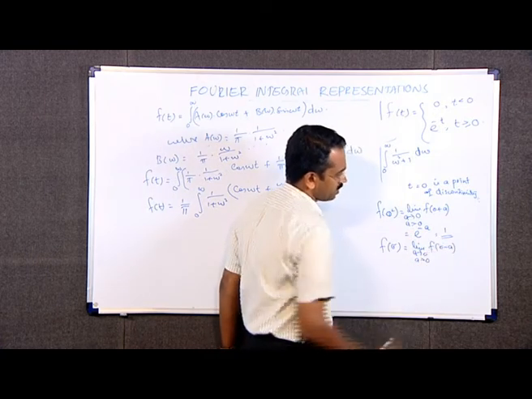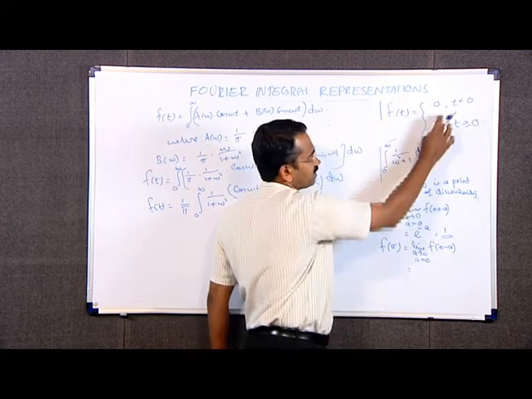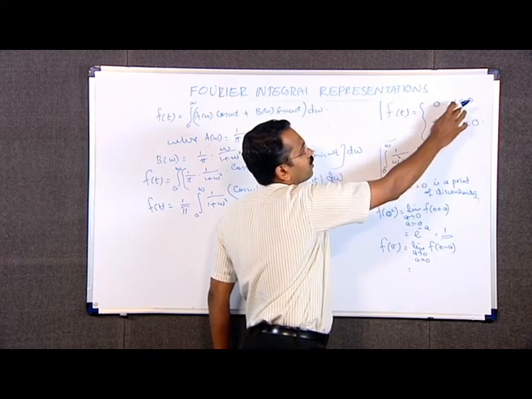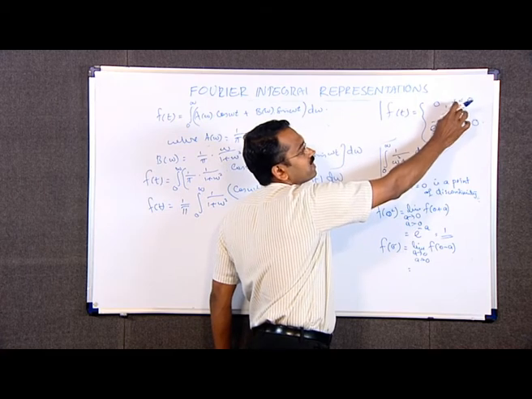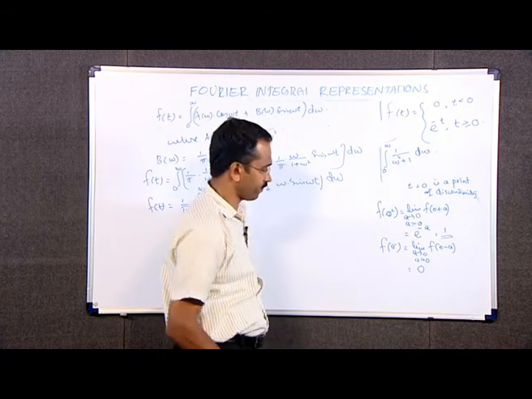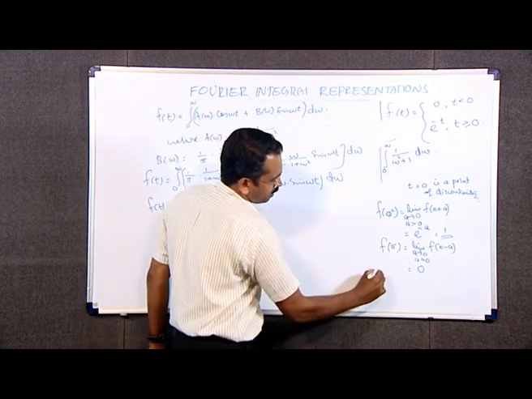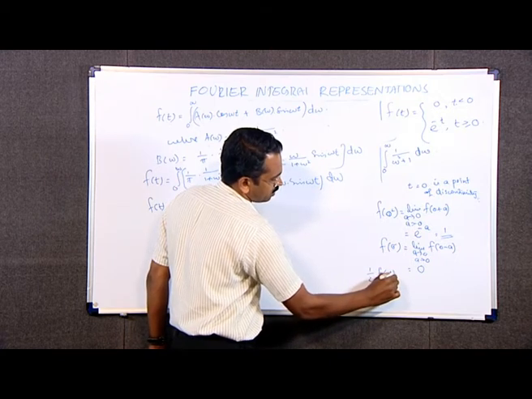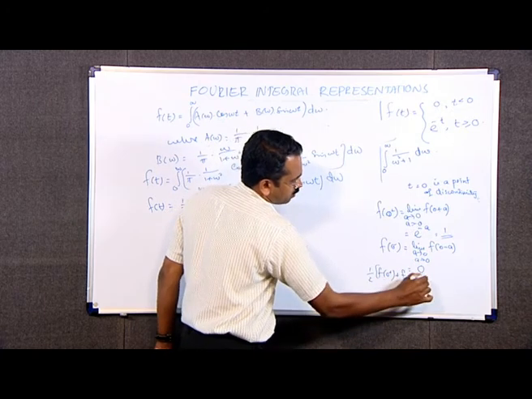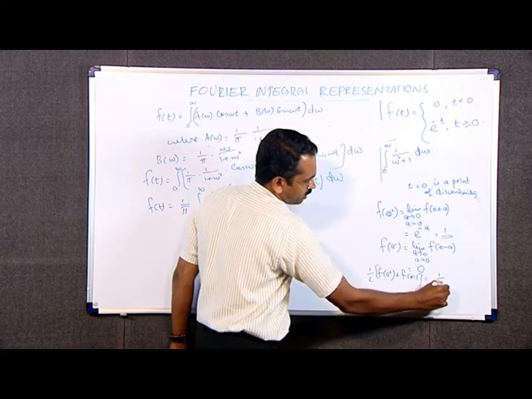Since 0 minus a is negative, and for all values t less than 0, f of t is defined as 0, here it will become 0. The average is 1 by 2 into f of 0 plus plus f of 0 minus, which is equal to 0 plus 1, that is 1 divided by 2.